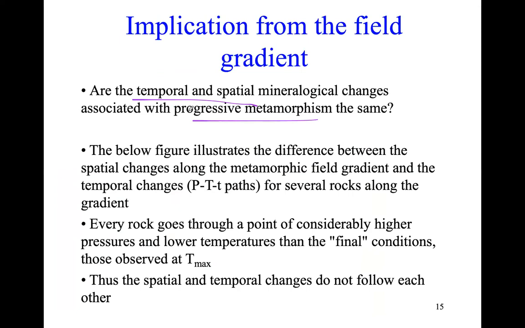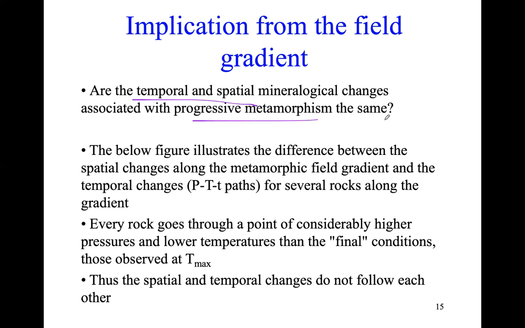So it's important that you look at whether the temporal and spatial mineralogical changes are the same or not. Temporal means time related. The time taken for one rock to reach the peak metamorphism, for example, is one of the temporal changes. And for the retrogression to come to the shallow level up to the final exhumation stage, whether the rate or the time taken to come to the surface is the same or not.